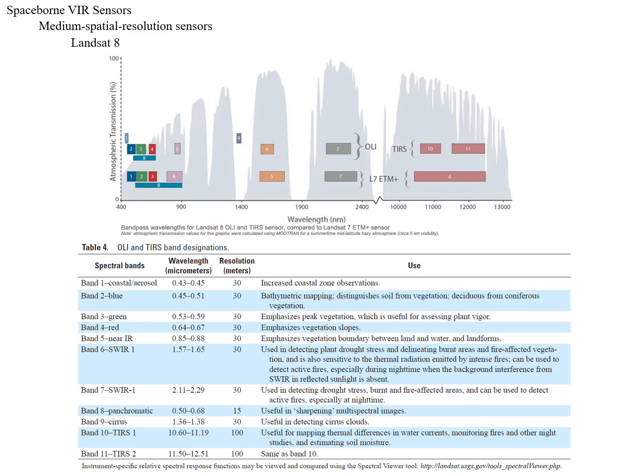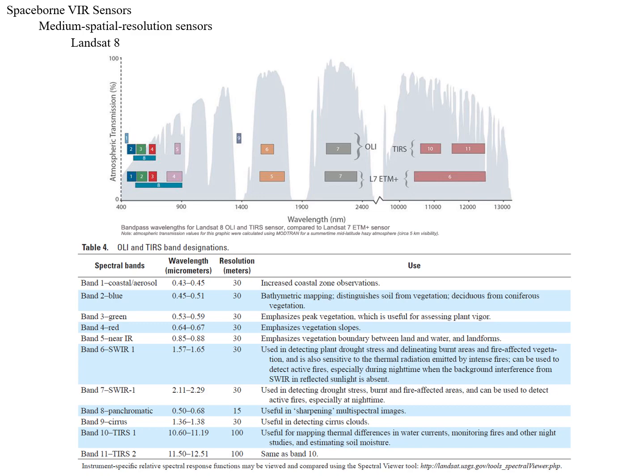This is a comparison of the Operational Land Imager on Landsat 8 and the TIRS, the Thermal Infrared Sensor on Landsat 8, with the earlier Landsat 7 data. First of all, they reorganized the order of the bands, so that's nice.